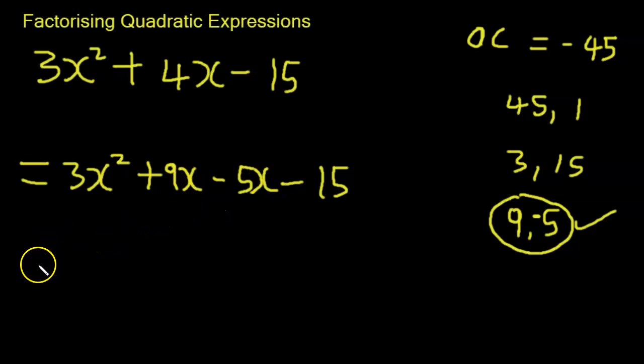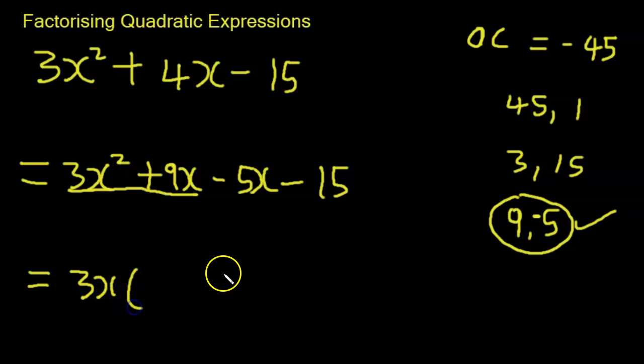Alright, and we have our 4 terms, so we group and factor by group. For the first group here, what's the common factor? 3 is common, x is also common, so we factor out 3x. And if we factor out 3x, we need the terms for the bracket, and we can get these terms by dividing each of these terms by whatever you factor out.